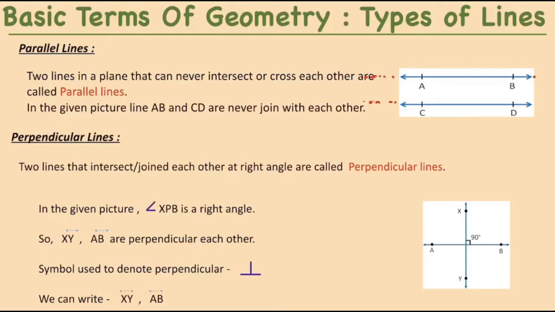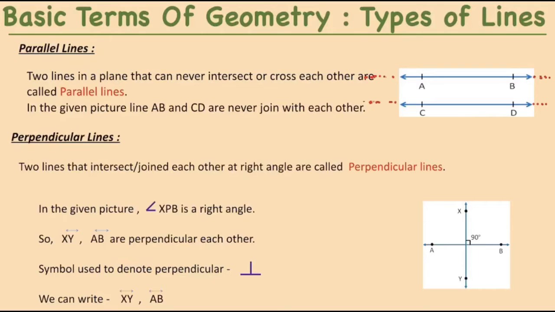So these lines are called parallel lines. Line AB and line CD are parallel to each other, that means they never cross at any point or any place.